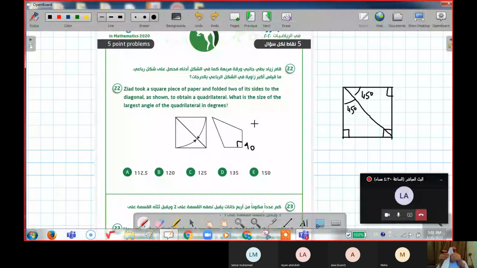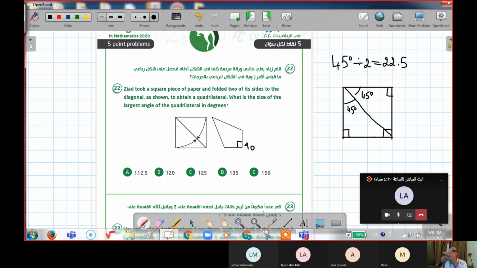When you fold it, it will be 45 degrees divided by 2, so it will be 22.5 for only one side. So I write here, 45 degrees divided by 2 equals 22.5. This is only for one.